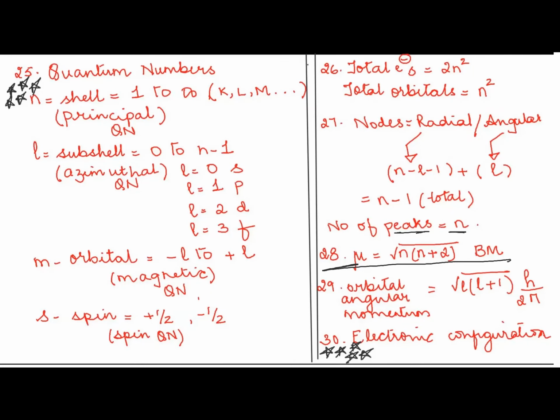Almost all papers you will see this formula used. Mu, magnetic moment, equals square root of n into n plus 2. Here n is the number of unpaired electrons. So n can mean 2 things. Here n is the number of unpaired electrons, whereas earlier it meant the orbit, the shell to which the electron belongs. This formula I've already explained.